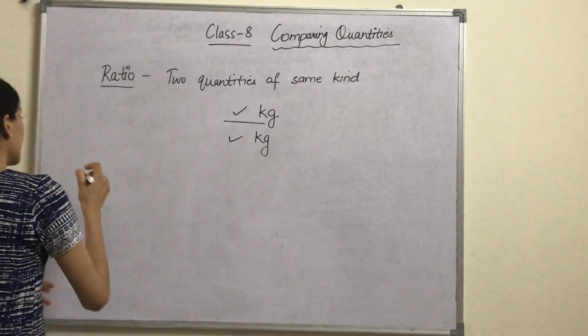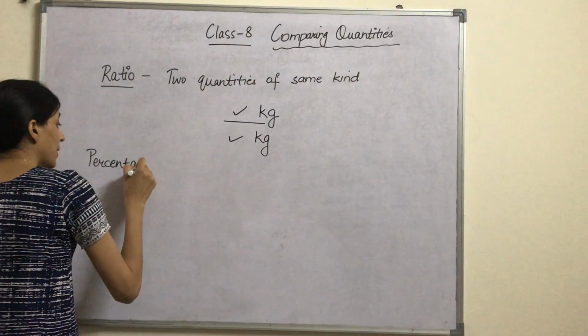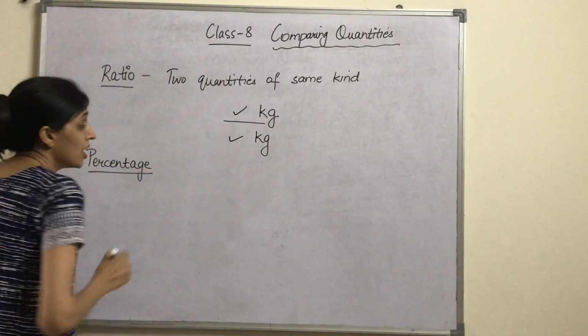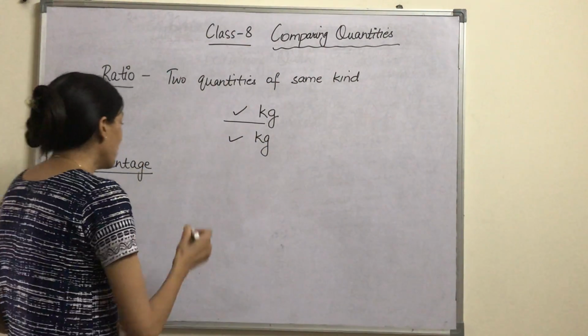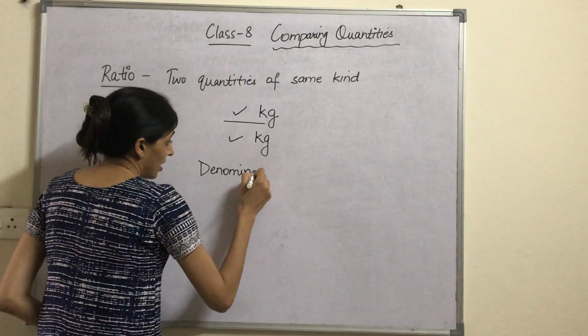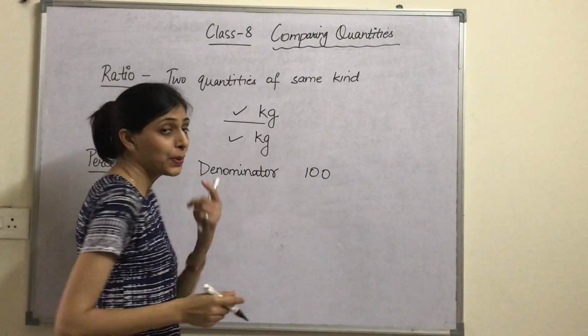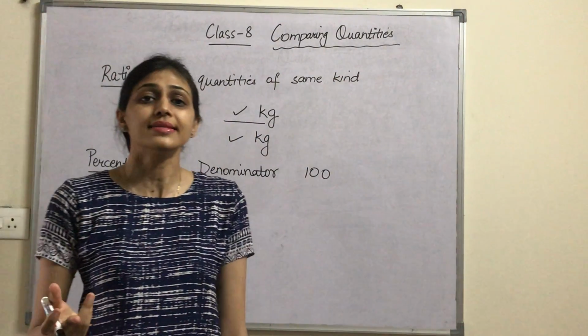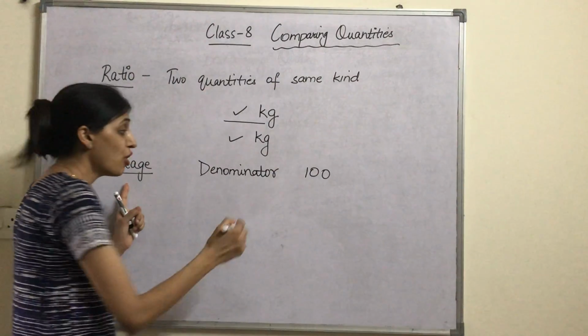The second thing is percentage. What do you understand by percentage? Any quantity whose denominator is 100 is expressed in the percentage form.